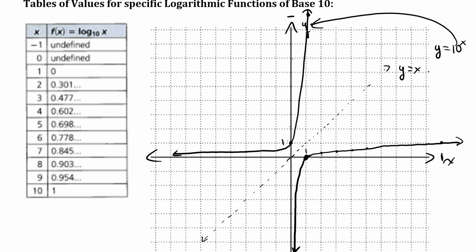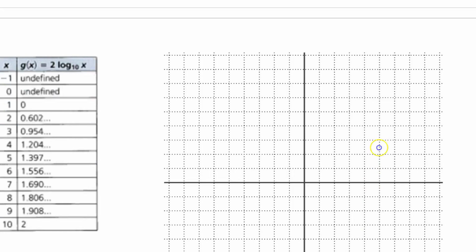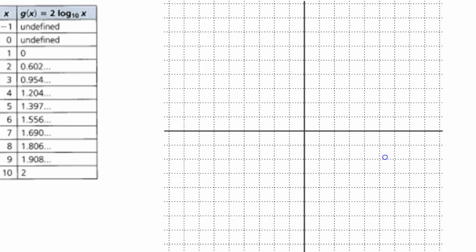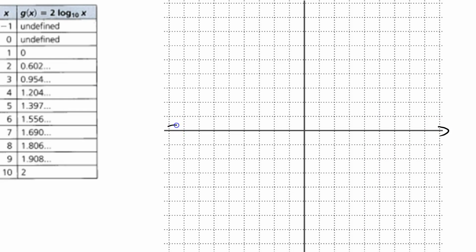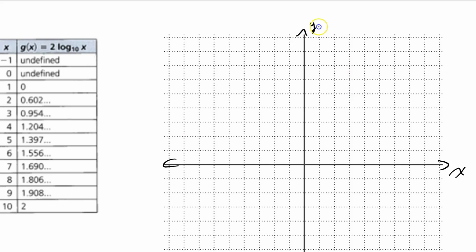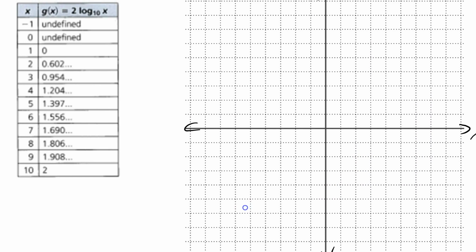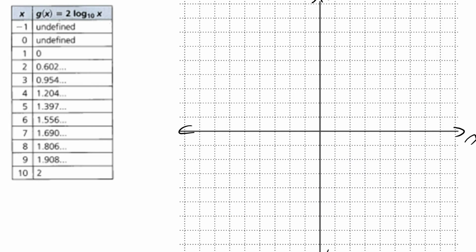Let's graph this next one. I'm going to put all my arrowheads on, and label it. Gonna make sure that I have my scale, 1 and 1.